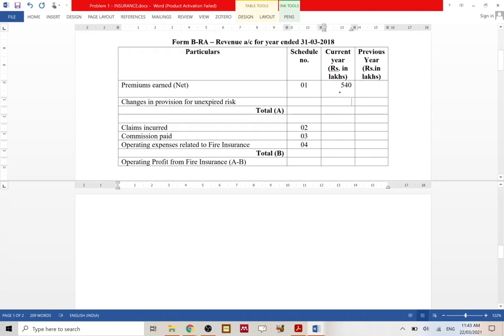But despite this, we also make a provision on this premium earned just for those premiums that we have not received as yet. Even out of these premiums earned, there may be some outstanding amounts, some amounts that are not received by us.